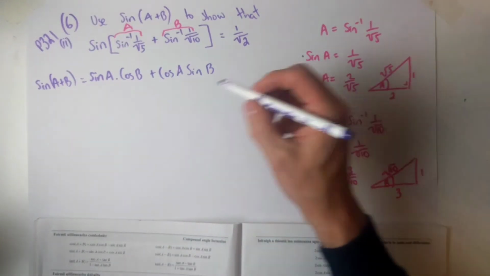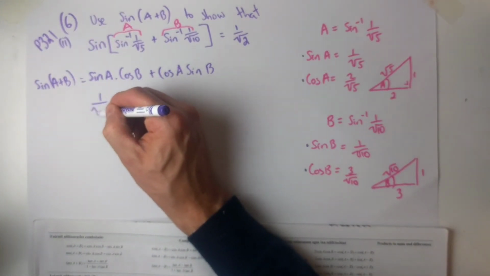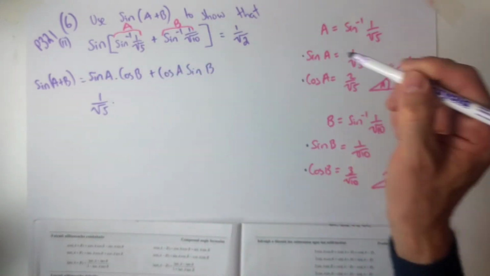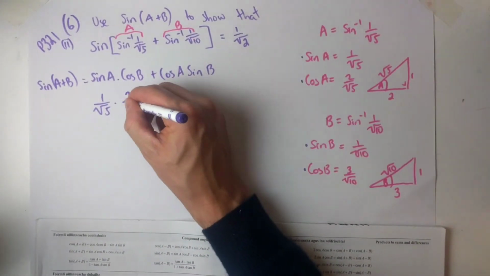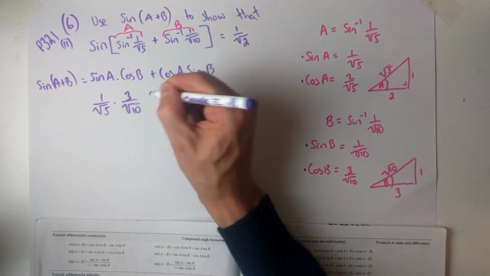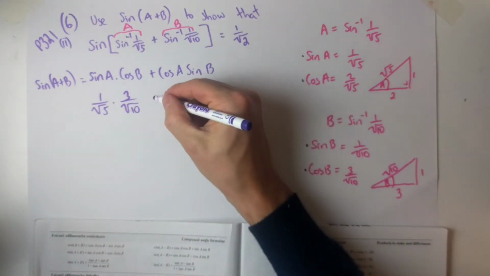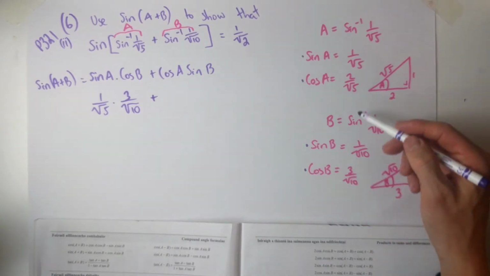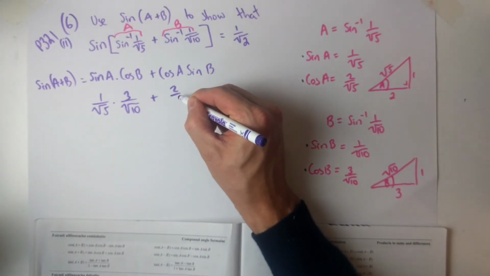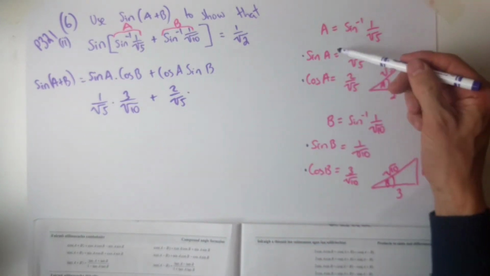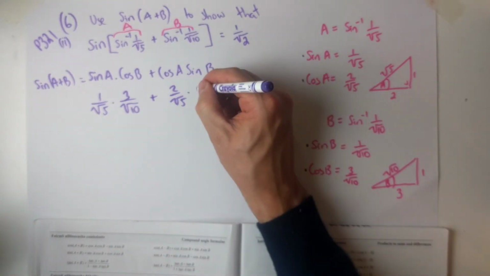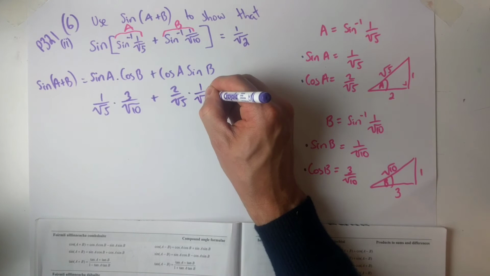Your first one is sine A, that's 1 over the square root of 5. Your second one is cos B, that's 3 over the square root of 10. And over here you have cos A, which is 2 over the square root of 5. Then you've got sine B, which is 1 over the square root of 10.